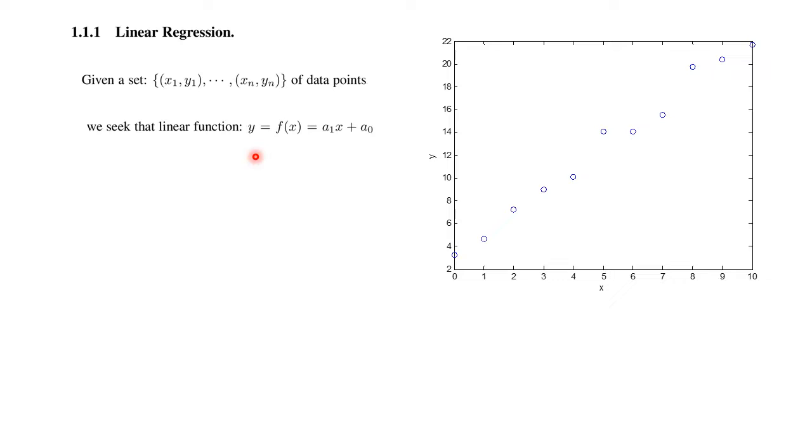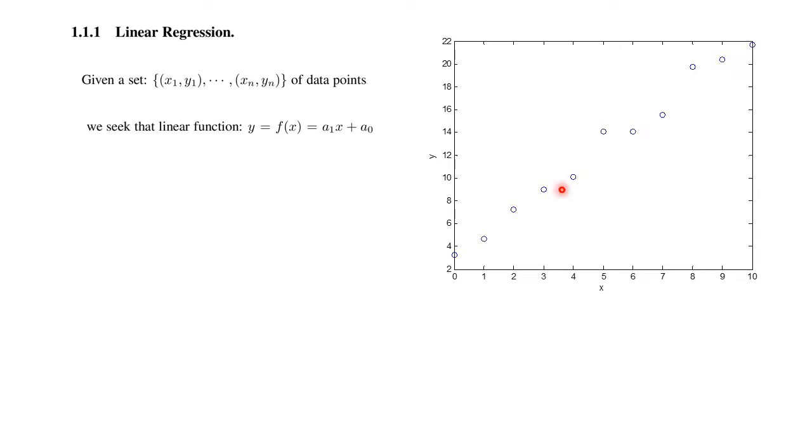A linear function, strictly speaking, a linear function of x is one such that there's a constant m so that y is equal to mx. That's linear. It preserves linear combinations. But let's just abuse notation a little bit and let this function, which is normally called an affine function, we'll call this a linear function. It's of the form something x plus something, a1x plus a0.